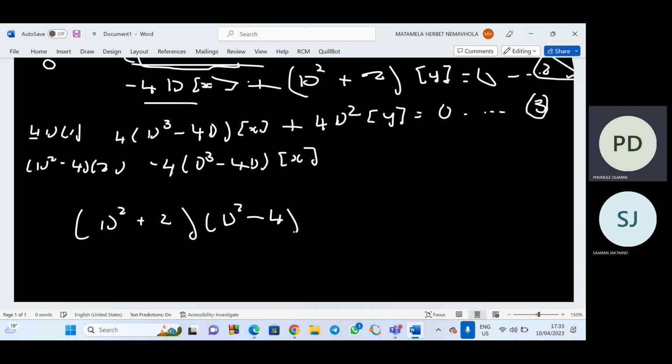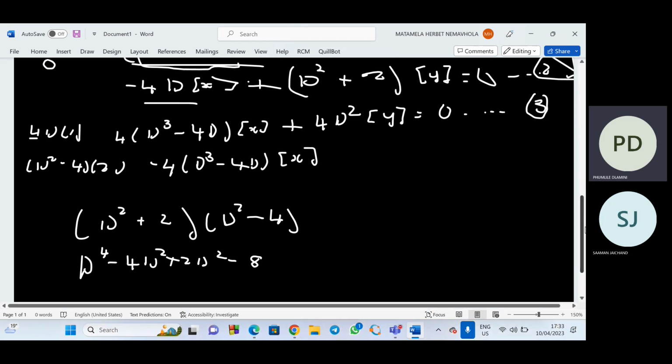The answer is d times d gives d to the power 4, and then we get d to the power 4 minus 4d squared plus 2d squared and minus 8.